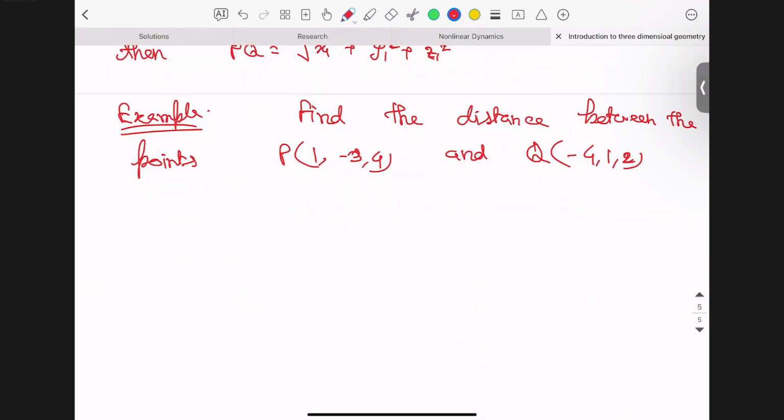Okay? You don't need to do a lot of work. Just use the formula. So here x1, y1, z1 is given, and here x2, y2, z2 are given. Now we need to find the distance between these 2 points.